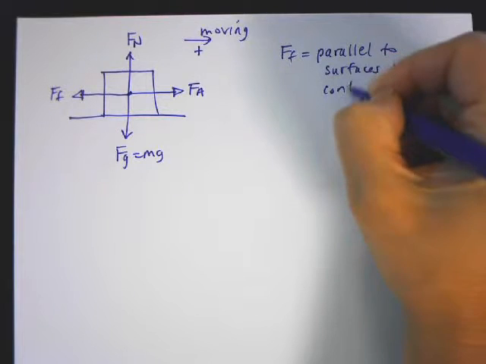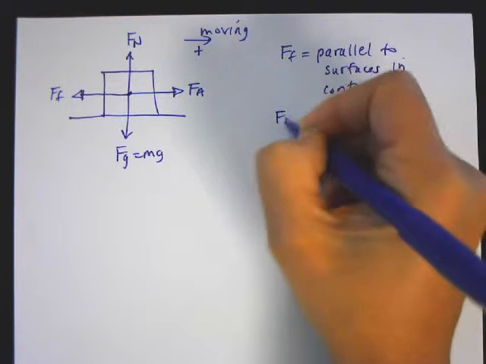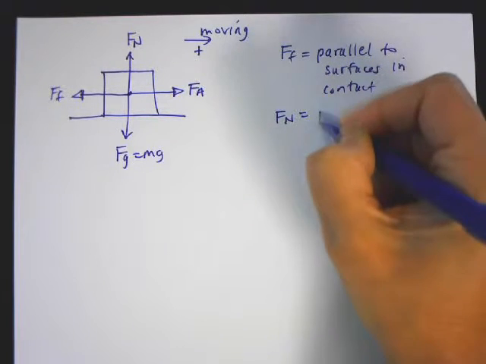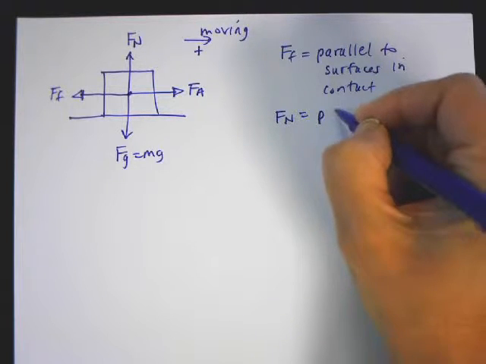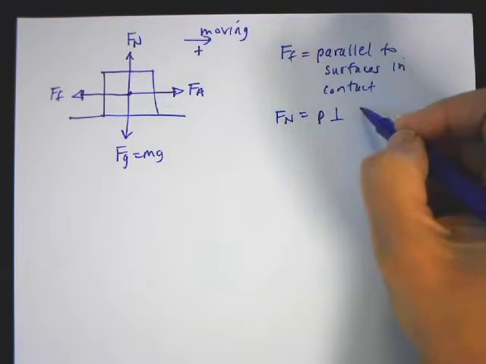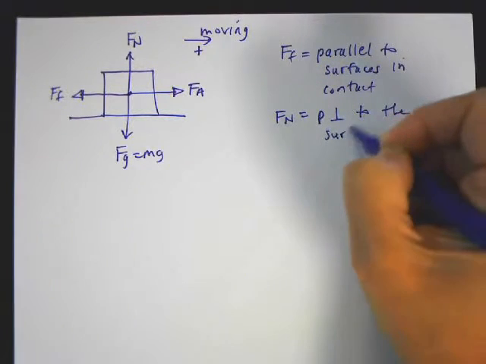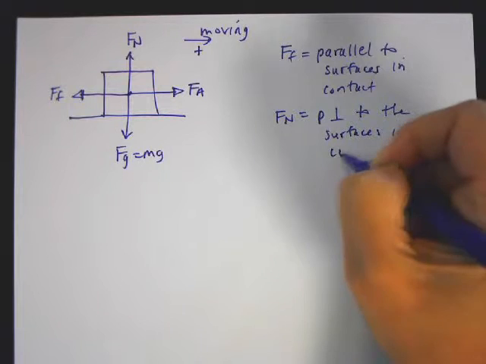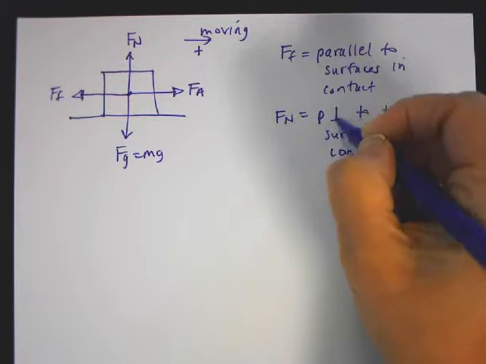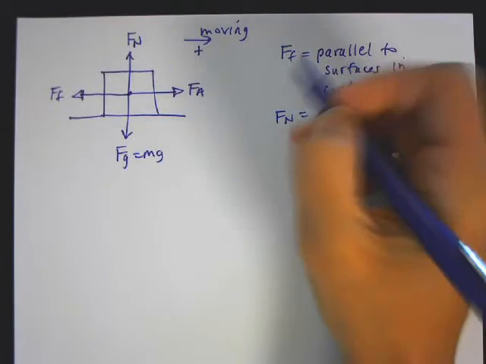And we also have to keep in mind that the normal force is perpendicular. I'll just do the symbol for perpendicular. It's always going to be perpendicular to the surfaces in contact. That's the perpendicular symbol. Do you know that? Okay.